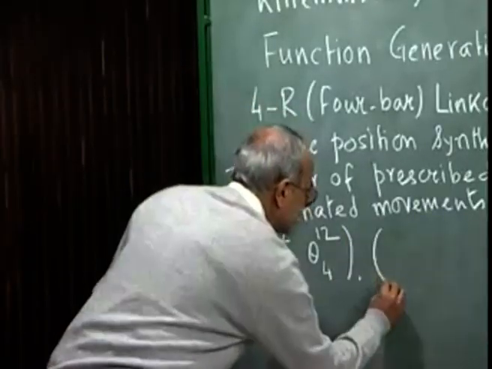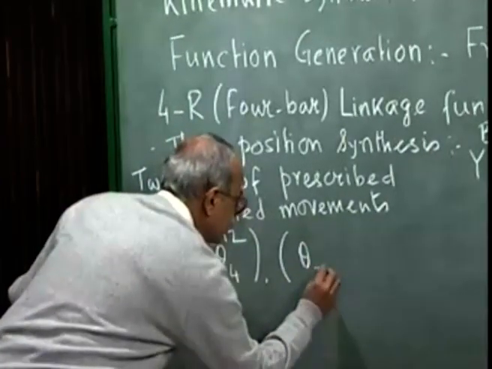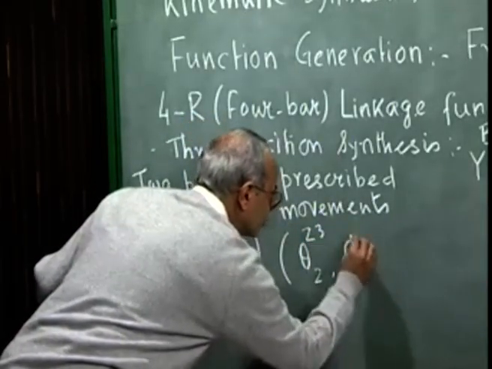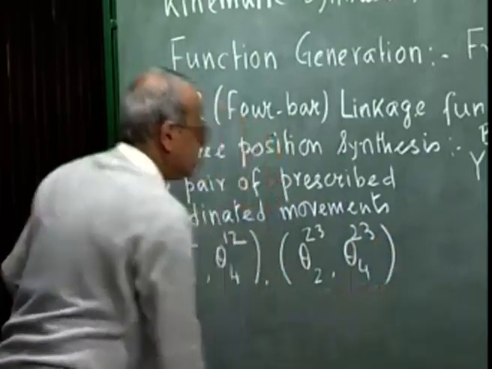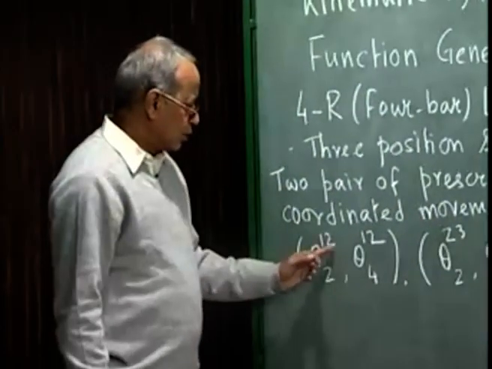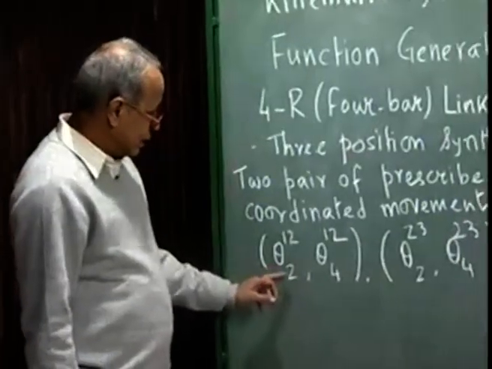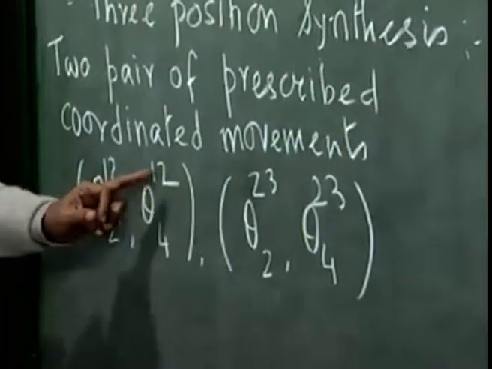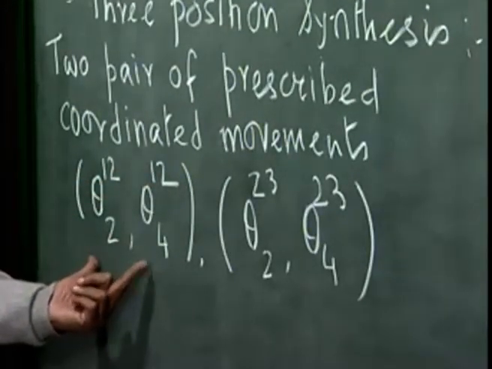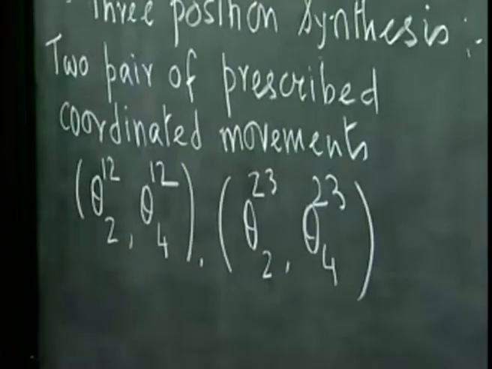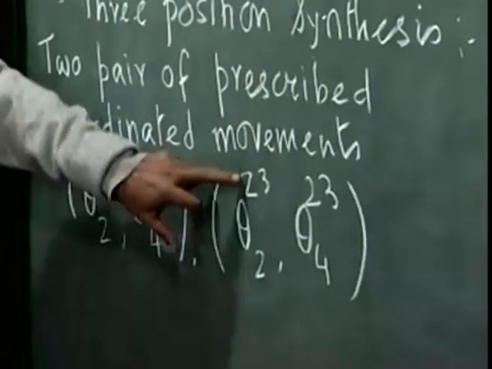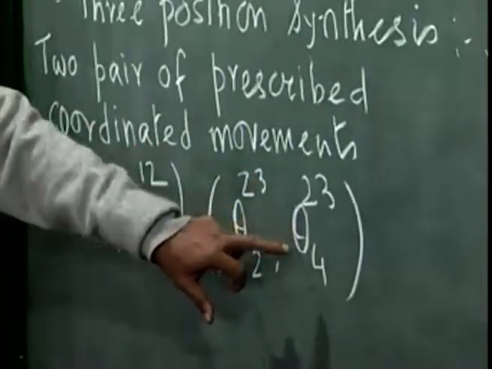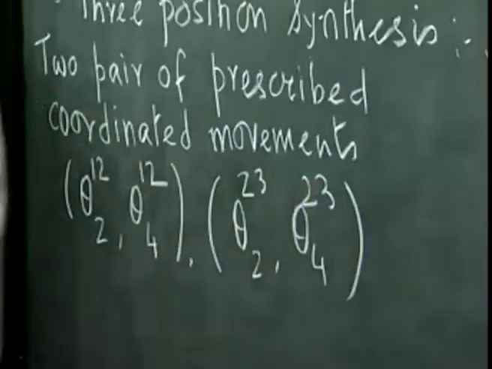Similarly, another pair of prescribed movement is theta 2 2 3 and theta 4 2 3. So, from position 1 to 2, change in the angle theta 2 is given by theta 2 1 2, and the corresponding change in the angle theta 4 should be theta 4 1 2. This is a pair of prescribed movement, and this is another pair, as theta 2 changes from second to third configuration by an amount theta 2 2 3. The corresponding change in theta 4 should be theta 4 2 3.